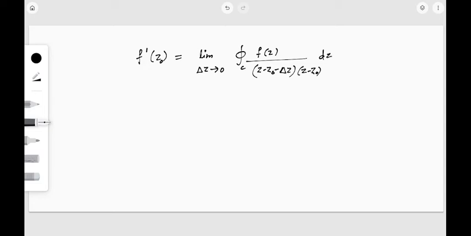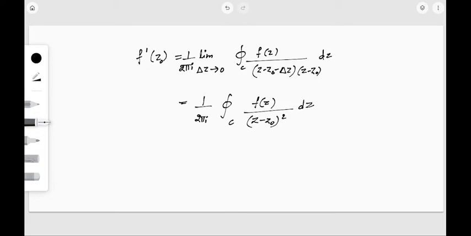This is what we had seen in the very beginning, and now we have seen that this integral is nothing but, sorry, there was a 1 by 2 pi i also, right, if I remember. So this will be nothing but 1 by 2 pi i into integral over c f of z by z minus z dot whole square into dz. So this is the Cauchy's integral formula for derivatives, and this is the case when n is equal to 1, right?